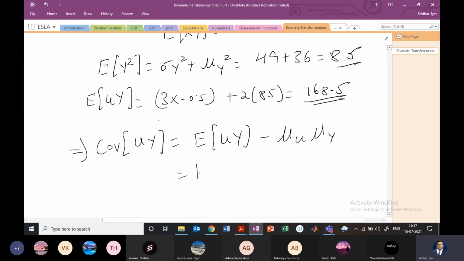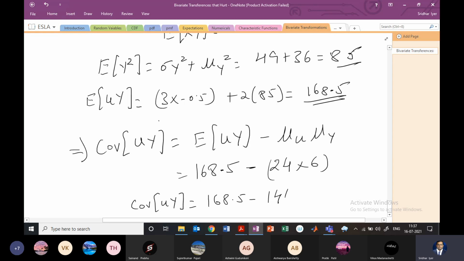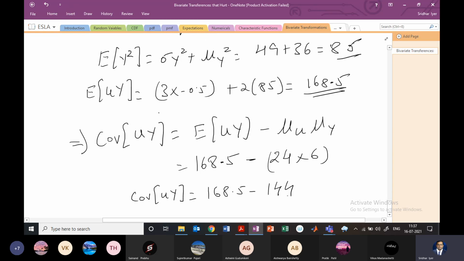So this will be 168.5 minus 24 times 6, which is 144. So covariance of uy is 168.5 minus 144. The answer I get is 24.5.